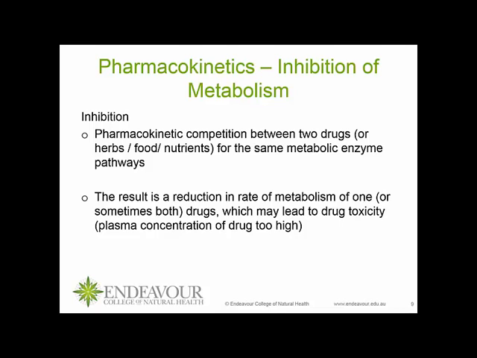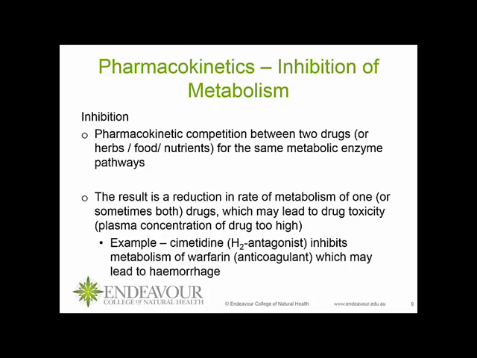We also have inhibition. Sometimes, because of pharmacokinetic competition, two drugs or herbs can compete for the same metabolic enzyme. That can result in the metabolism rate of one or both of the drugs going down. That leads to drug toxicity. For example, cimetidine, an H2 antagonist, inhibits the metabolism of warfarin.